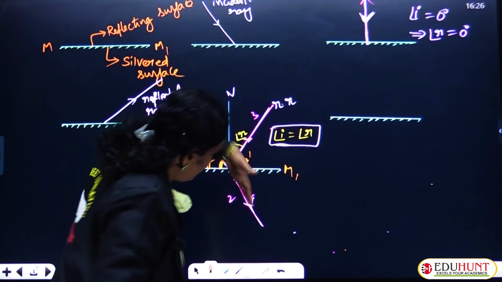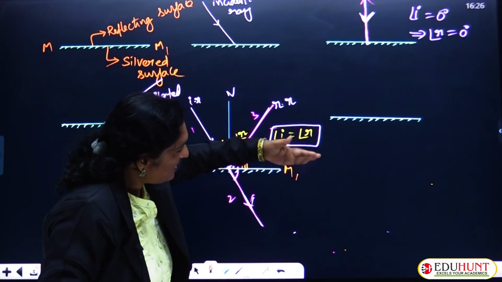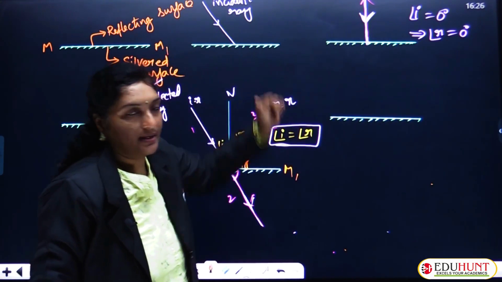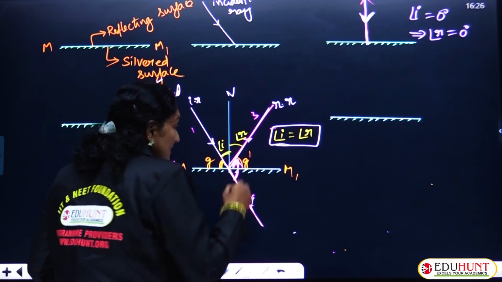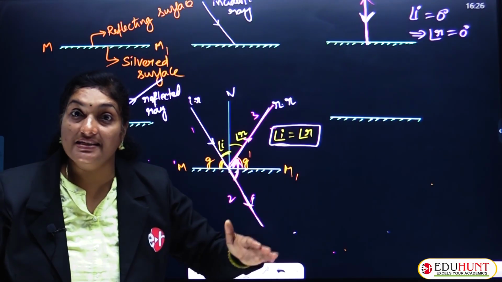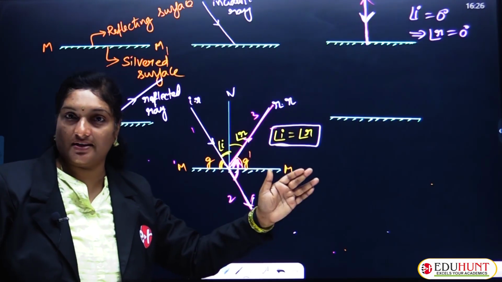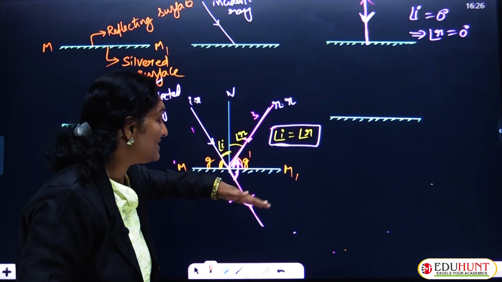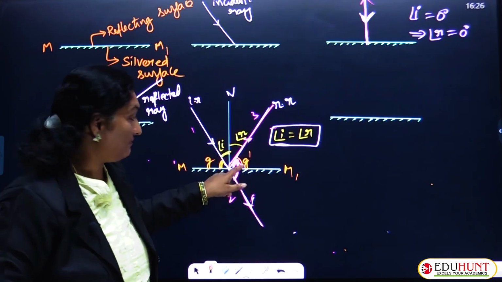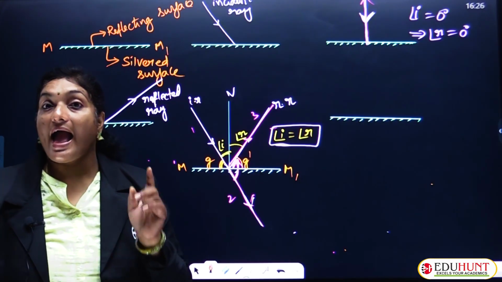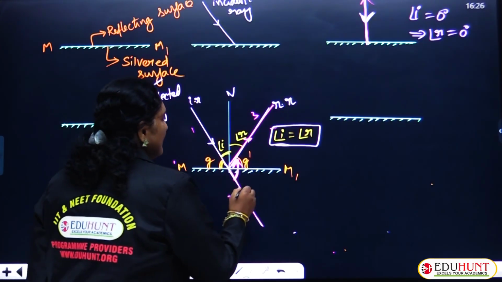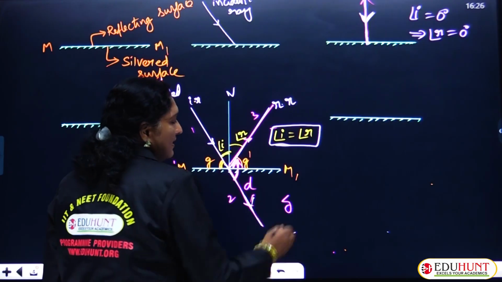So the angle through which the incident light ray is deviated, whatever the angle, is called your angle of deviation, generally indicated with the letter D or delta.